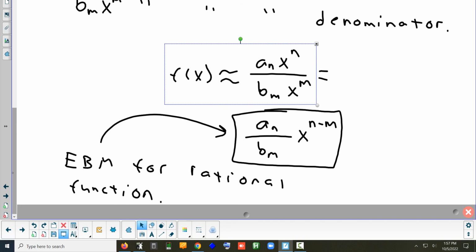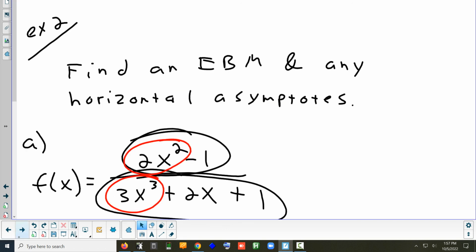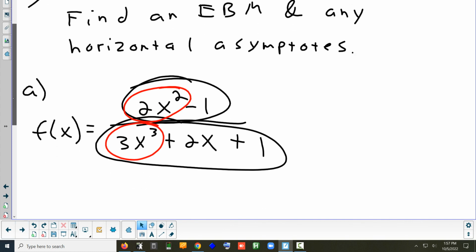So let's try that on the next example. We've kind of already worked through it a little bit by circling some of the things, but let's see what happens. Sam, what's the EBM for the top? 2x squared. And Grady, what's the EBM for the bottom? 3x cubed.